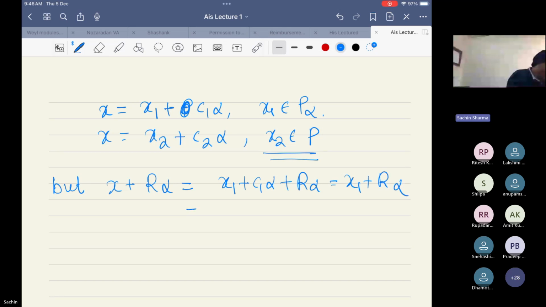And by the similar thing, it is equal to x2 plus R alpha. Okay. I hope this is clear to you, or let me write down one more step.